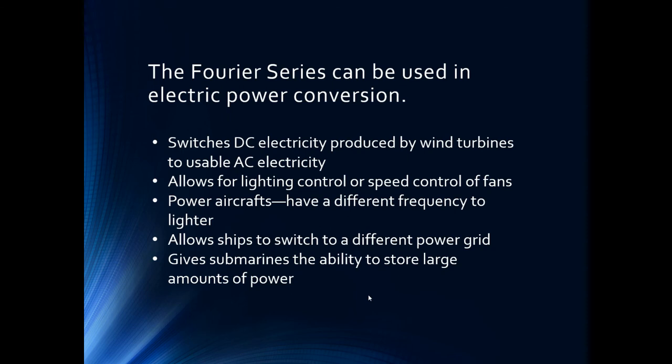It allows for controlling different lights and speed controls of fans. It powers aircraft; they have to have a different frequency so that they can be lighter in weight. It allows ships to switch from their power grid to a different power grid if they dock in a different country that uses a different power grid. And it gives submarines the ability to store very large amounts of power.